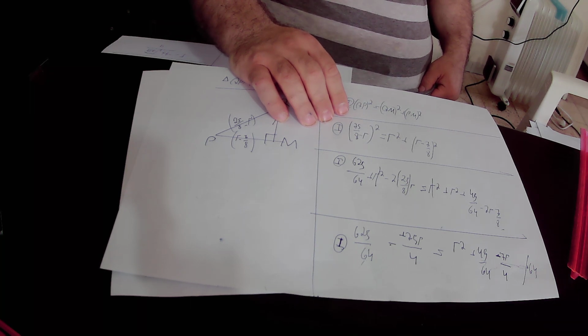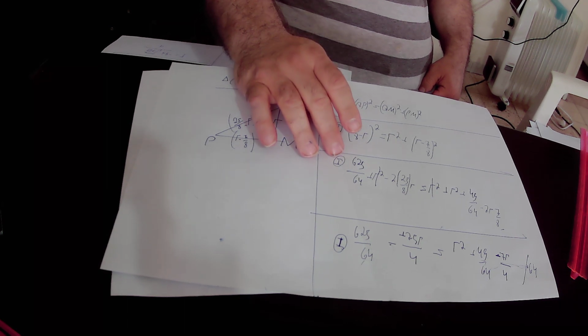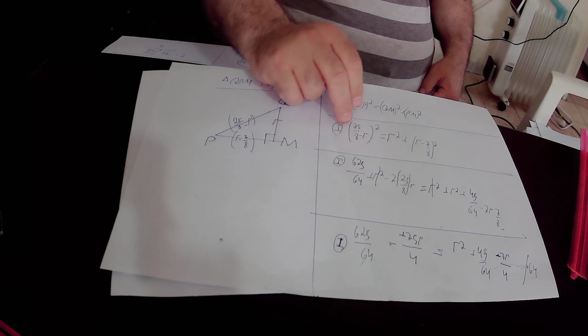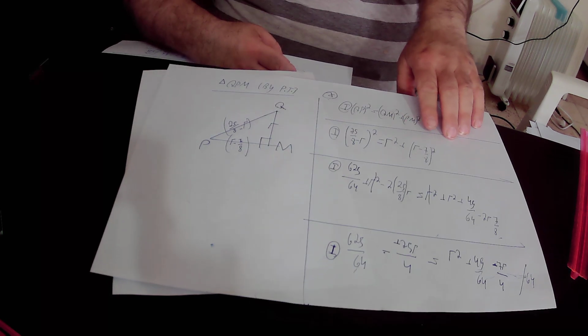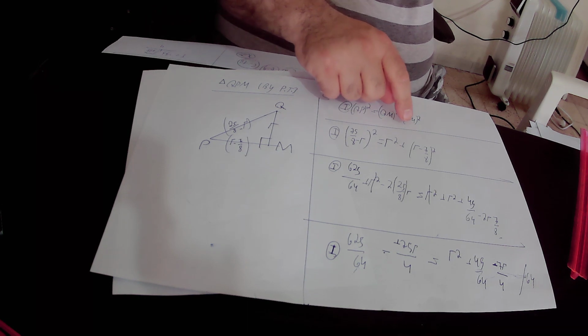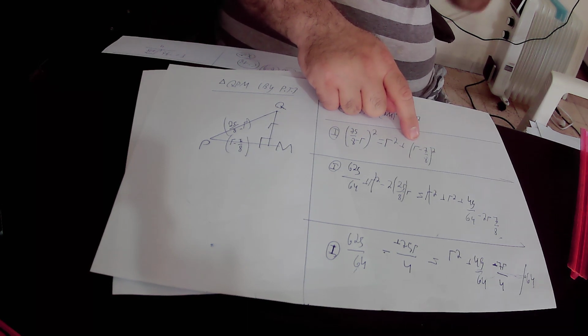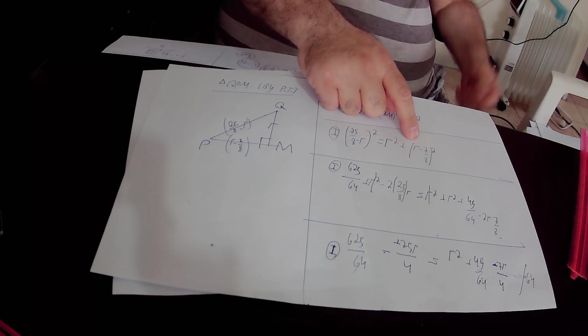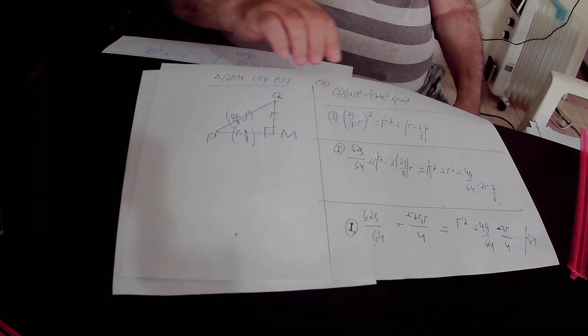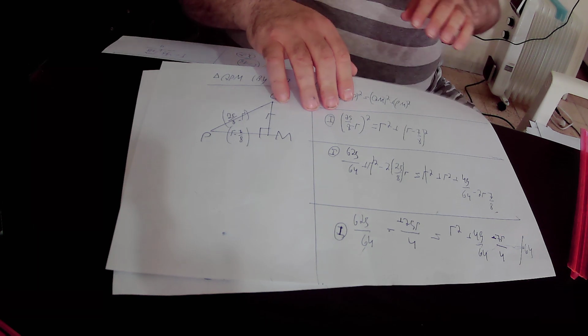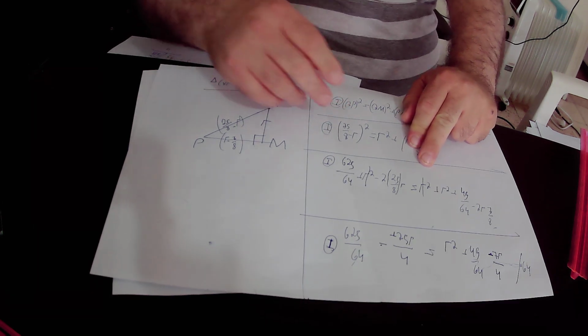Here (25/8 minus r) square equals (25/8) square, that is 25 squared, 625, over 8 squared, that is 64, plus r square minus 2 times 25/8 times r, and it is equal to r square plus (r minus 7/8) square, it is r square plus (7/8) square, that is 7 squared, that is 49, over 8 squared, that is 64, minus 2 times r times 7/8. So here we have r square on both sides of equation number 1, so r square will get cancelled.